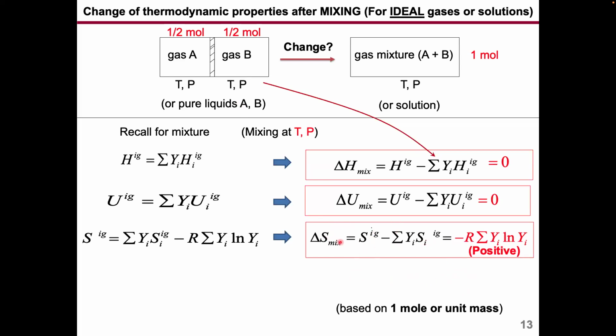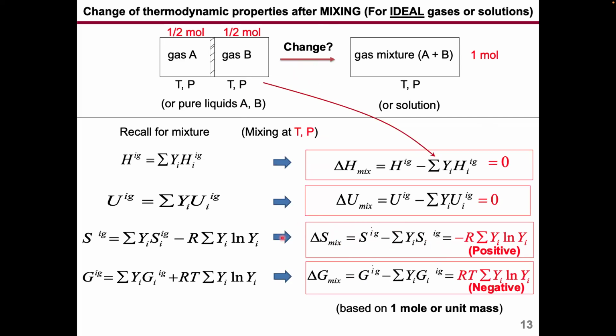So usually entropy favors mixing, okay? And then G^IG, you can do the same thing. Delta G mix is going to be this minus this, which is going to be RT summation Yi natural log Yi. Again, this is going to be a negative value, and then overall delta G mix is going to be a negative value.